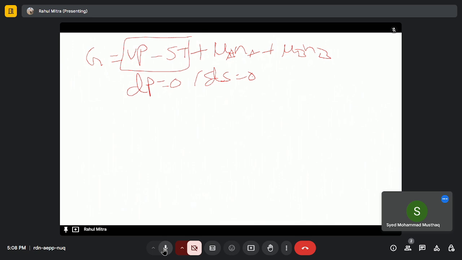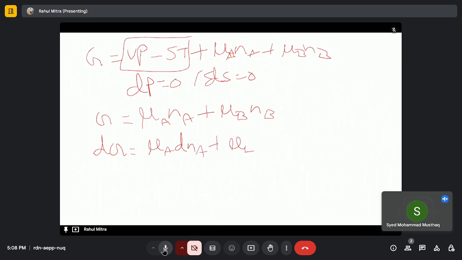Let's take out this part. This will be equal to mu a n a plus mu b n b. Now dG will be equal to mu a dn a plus mu b dn b plus n a d mu a plus n b d mu b.